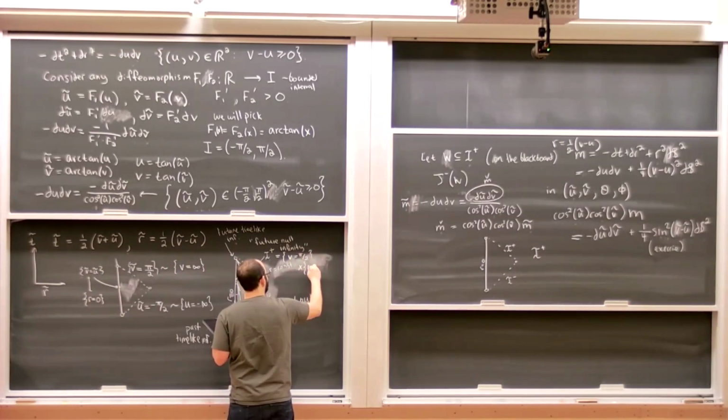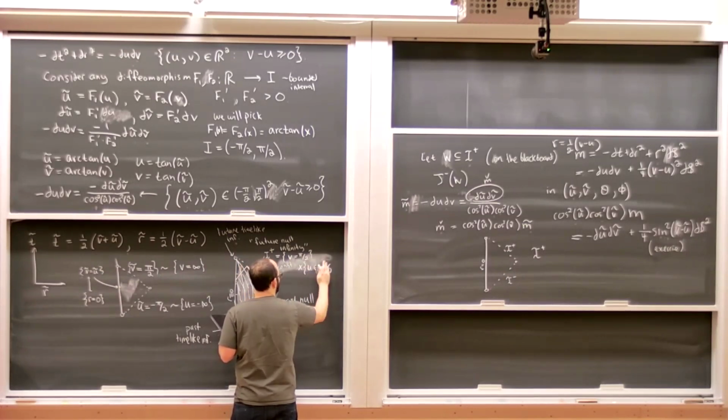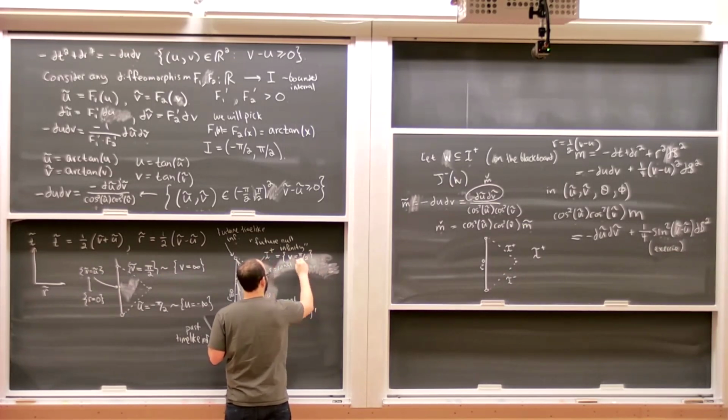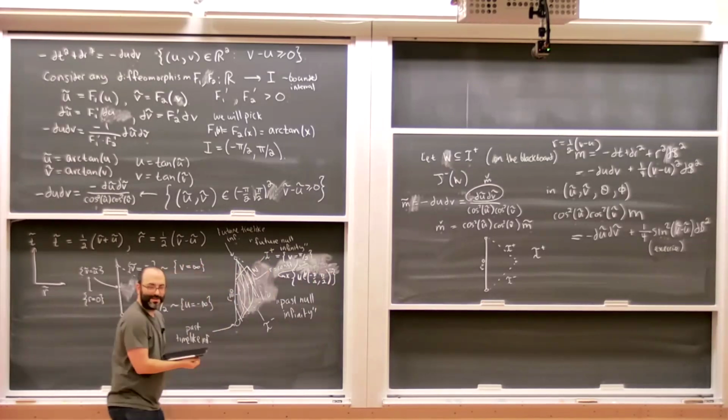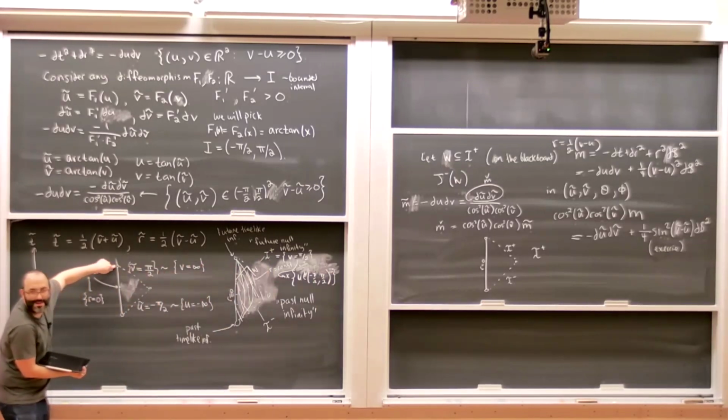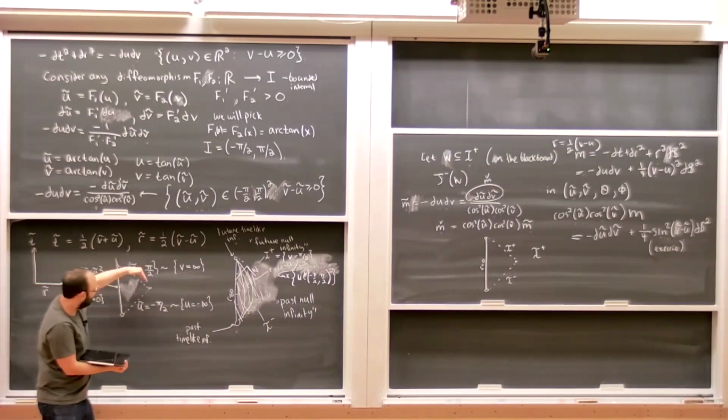But the U does not include those. This is implicit in how I was talking about it, but this endpoint is not included in I plus. It's open.